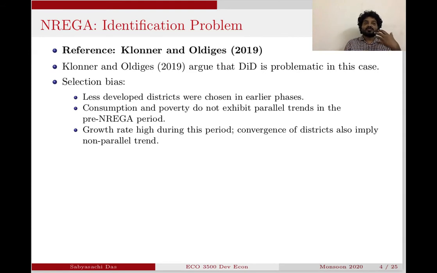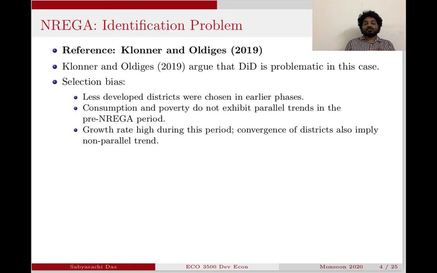So during 2004-5, there is high economic growth happening, and that is disproportionately benefiting the poorer districts. So the poorer districts are growing faster than the richer districts, and the gap is reducing going into NREGA, going into 2006.